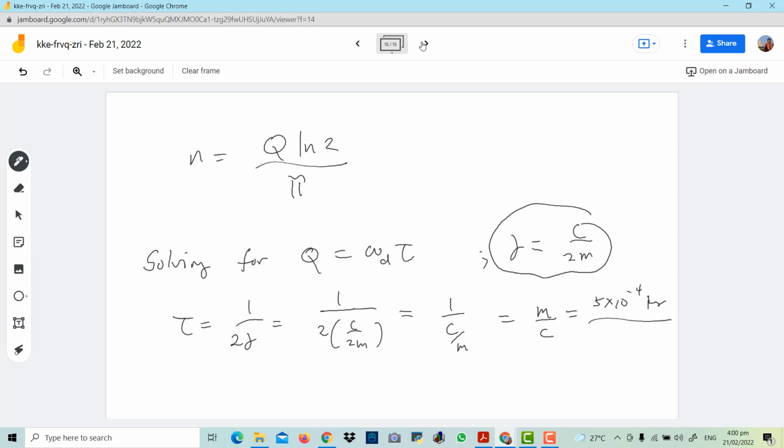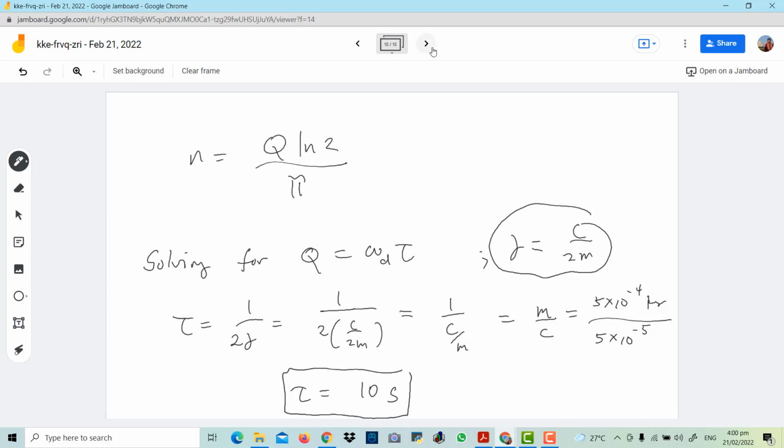While c is also given, 5 times 10 to the minus 5. So, therefore, my tau is equal to 10. The unit is seconds. This is my tau, 10 seconds.